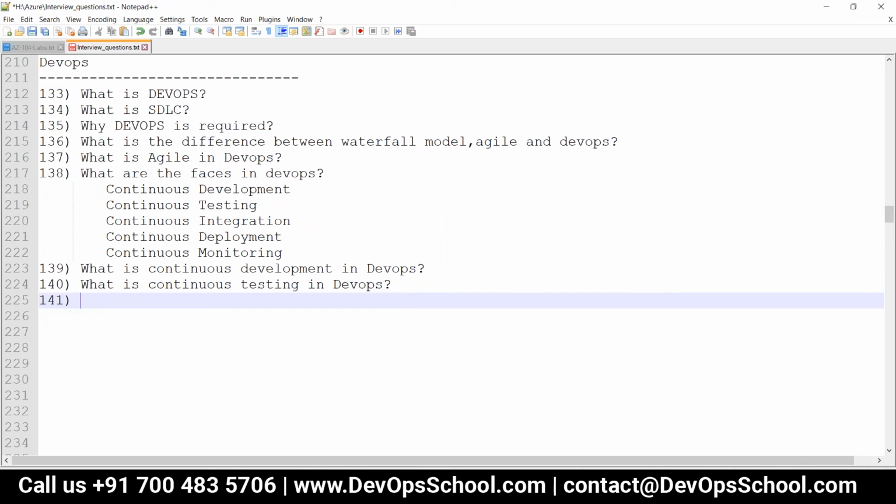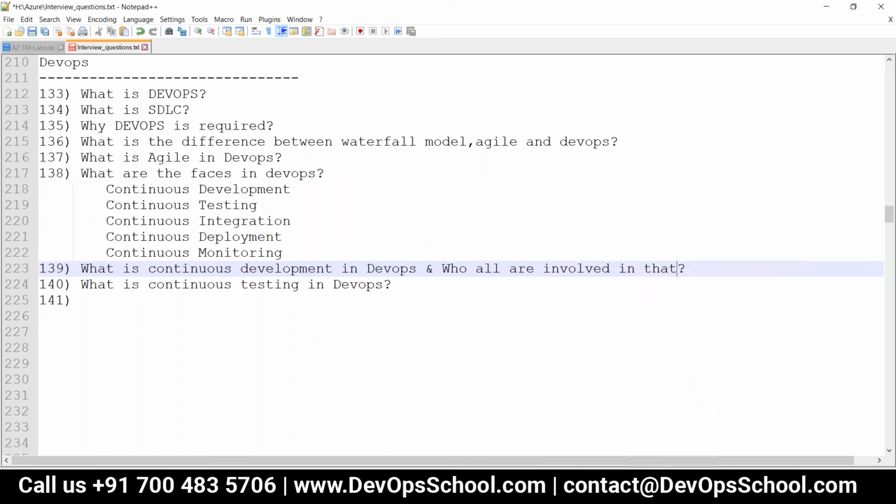In question number 39, also add what is continuous development in DevOps, and what teams are involved in that, just mention who all are involved. Like development team, software developer.